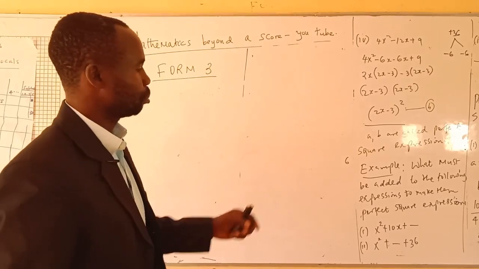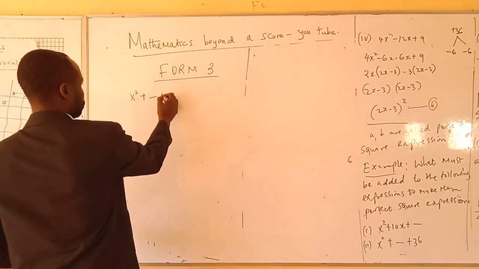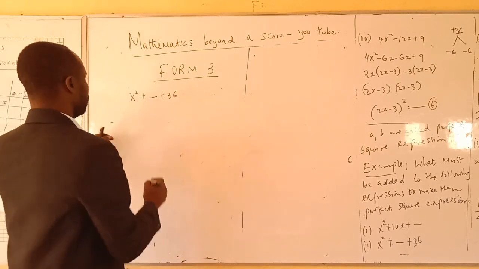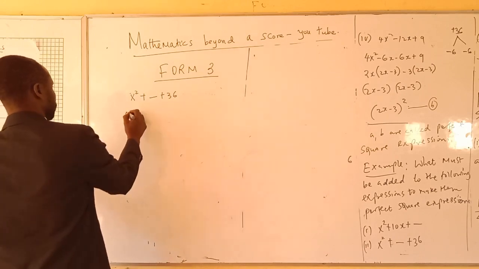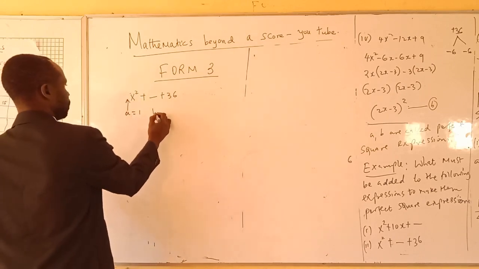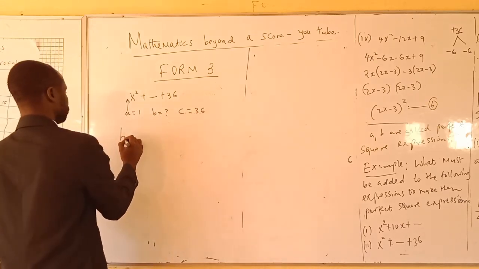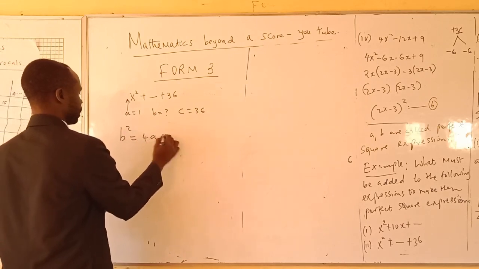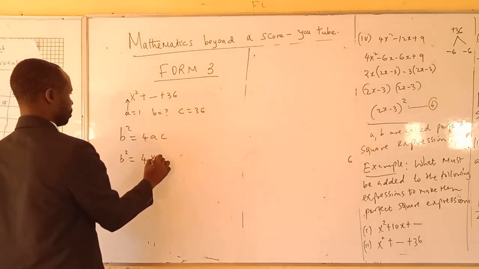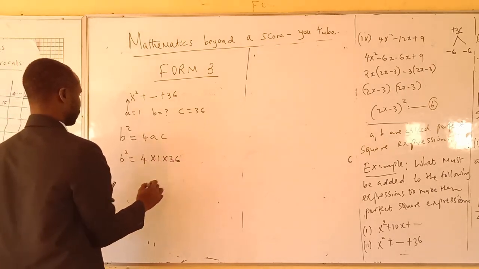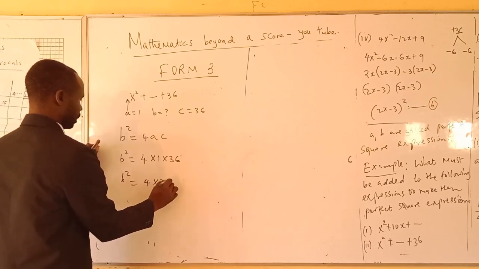In example 2, x squared plus a dash plus 36 is a perfect square. So A equals 1, B equals a dash, C equals 36. b squared equals 4ac, so b squared equals 4 multiplied by 1 multiplied by 36.